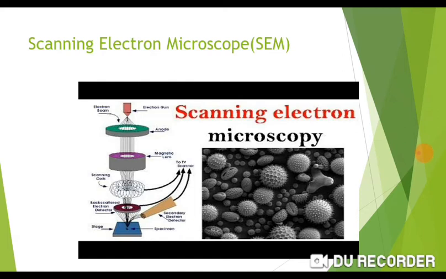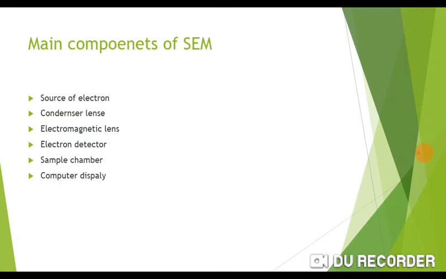The electron gun has a tungsten filament. Then there is an arrangement of lenses like the anode, magnetic lens, and objective lens, and at the end, after striking the specimen, the primary electron detector and secondary electron detector detect the electrons, and this image is processed, and we can observe that image on the computer display.